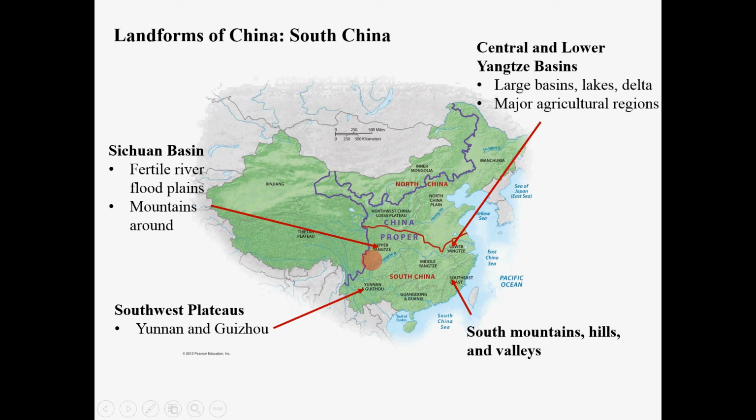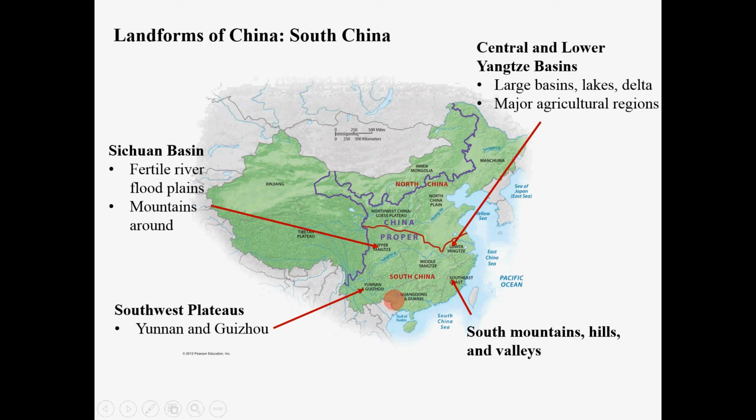Then here you have the Sichuan Basin. You have this floodplain of several local rivers surrounded by mountains. In the south, you have mountains, hills, and small and medium-sized rivers forming river valleys.